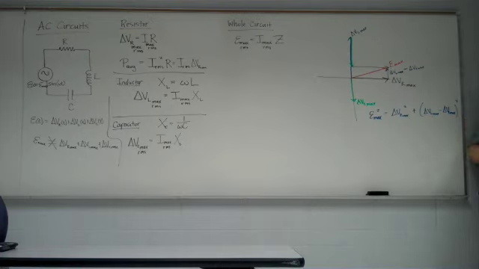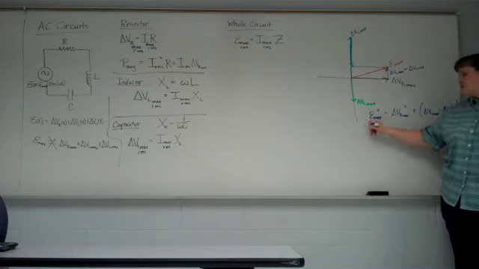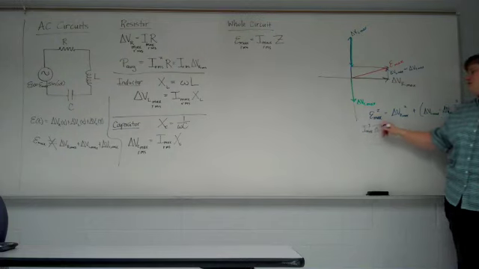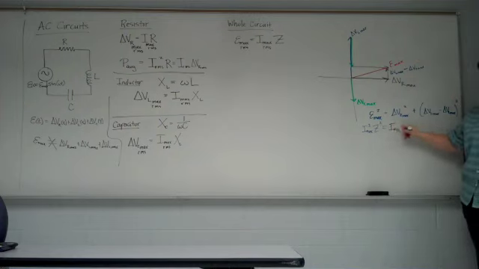Now that's in a series circuit. And that's what we're talking about, is a series circuit. We can make some substitutions here. The maximum source voltage is equal to Imax times Z. So we're going to get Imax squared, Z squared. The maximum voltage drop across the resistor, looking over there, that's equal to Imax times R.